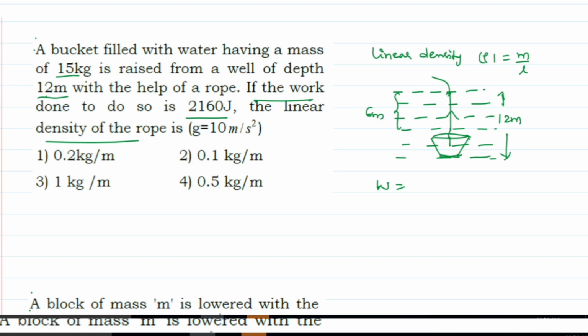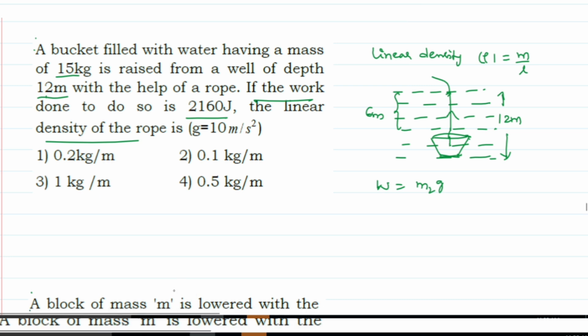Work done to pull the bucket, we can write it as m1 g times 12. The mass of the bucket filled with water is given as 15 kg.